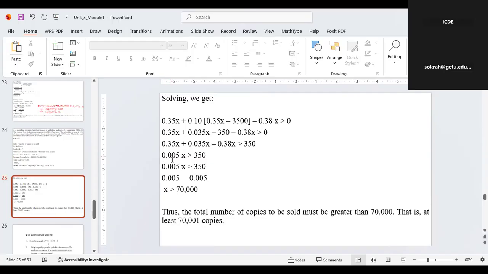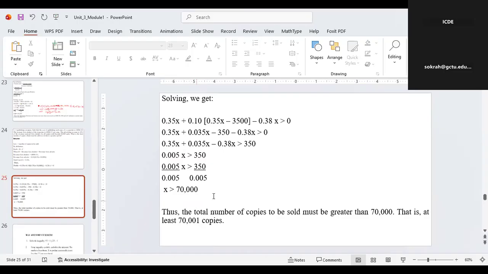So divide 0.005x by 0.005, and that will cancel out and we'll be left with x. Then we also divide 350 by 0.005, and that division will give us 70,000. And so x is greater than 70,000.